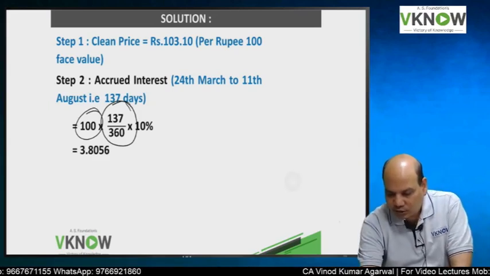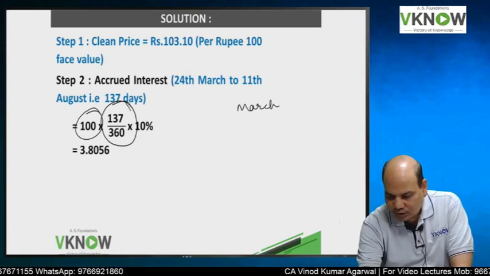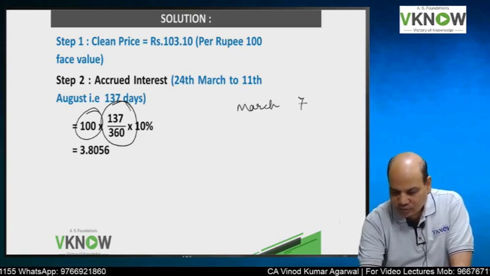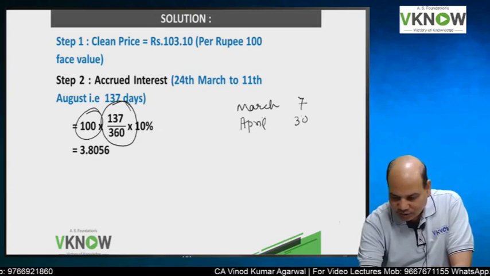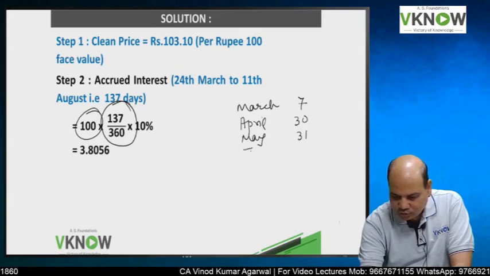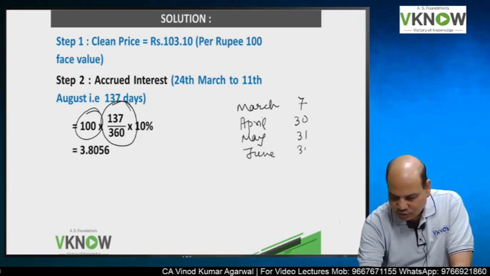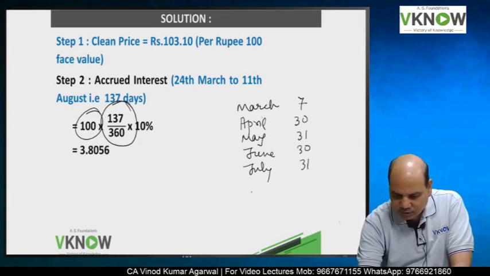So for March you will take 30, April, May how much? June how much? July how much? 31. And August how much? 11.